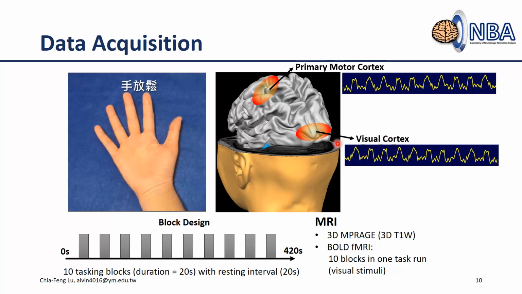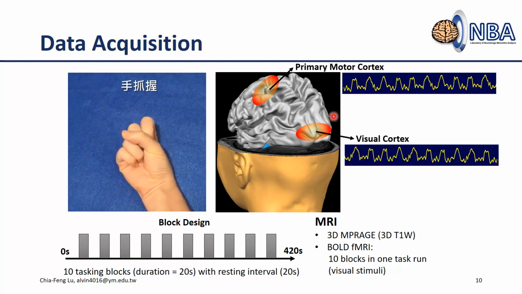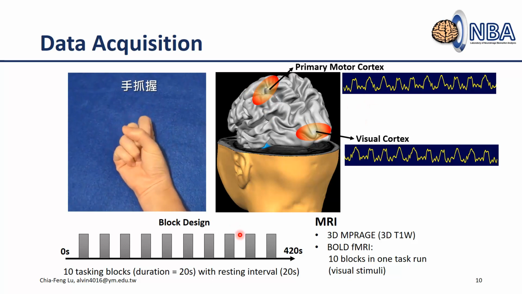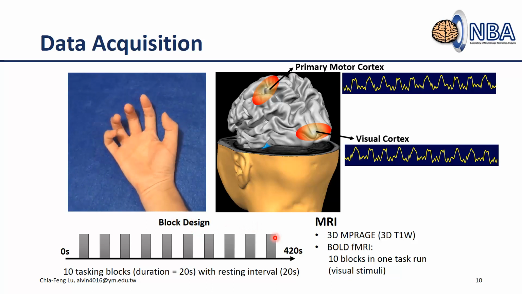Why? Because you use the video, the visual stimuli, for your participant. So when you see the resting picture, and then when you see the moving video, the brain will get different visual stimuli, right? So these two different regions have very similar profiles to your block design.